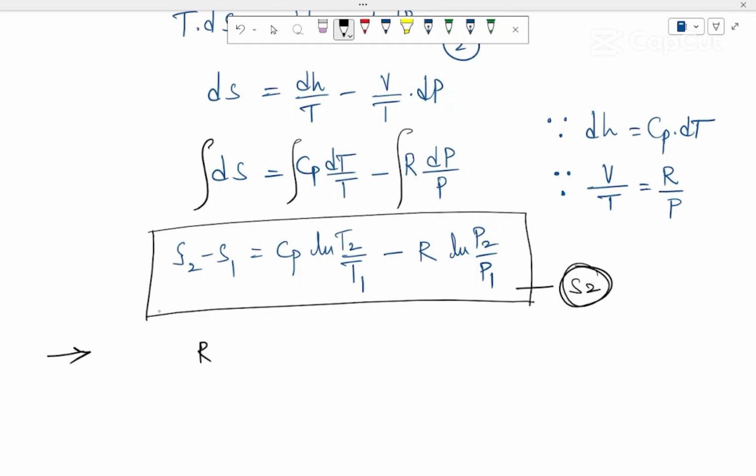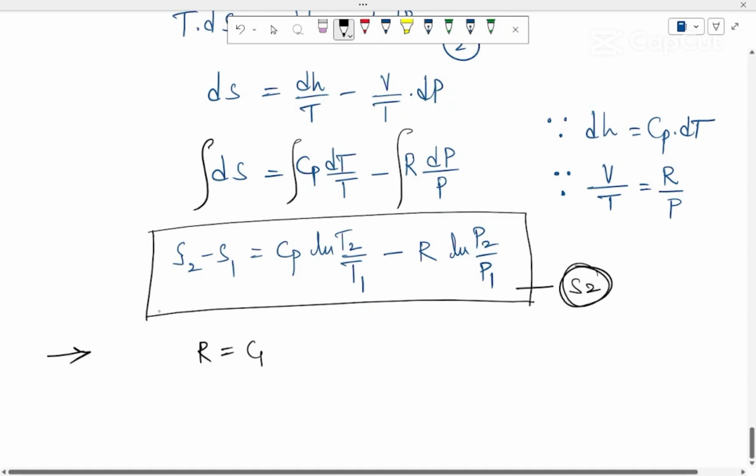For the third case, you know that R is equal to Cp minus Cv. I don't know why my pen is not working properly, but bear with me for that. This Cp minus Cv I have.